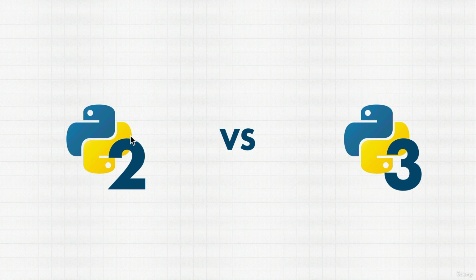That's pretty much what happened in 2008. Most companies that wrote their code in Python version 2 just kept Python version 2 because, for them to upgrade meant that they had to go through their code line by line and make some changes. Now, these changes weren't that significant.